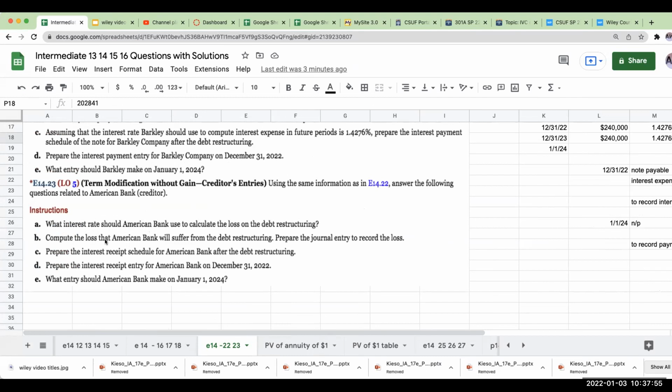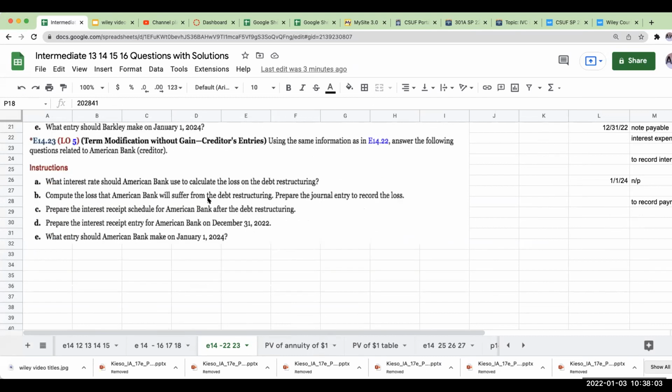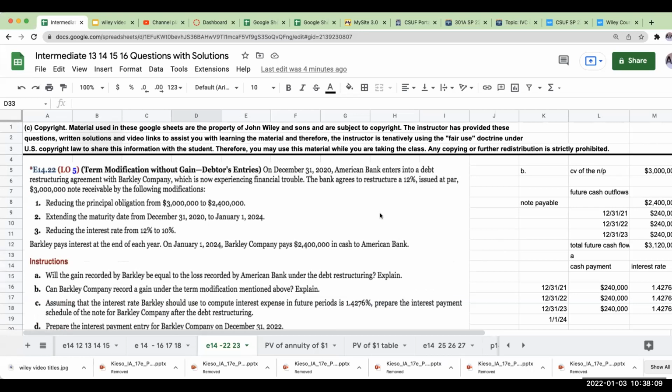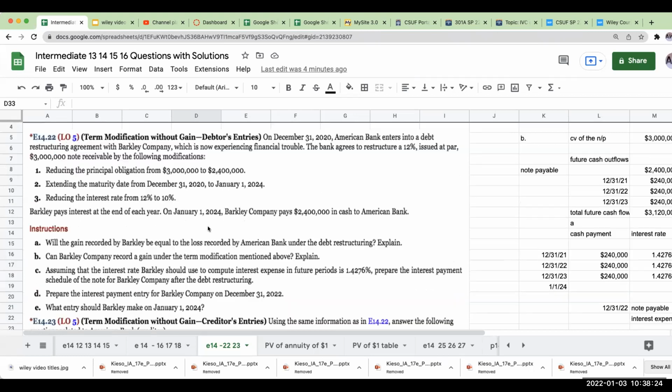So compute the loss American Bank will suffer from the debt restructuring, and prepare the journal entry to record the loss. So what exactly is going to happen? American Bank has agreed, and if you look at exercise 1422, my video solution for that, you'll see they're reducing their obligation from 3 million to 2.4 million.